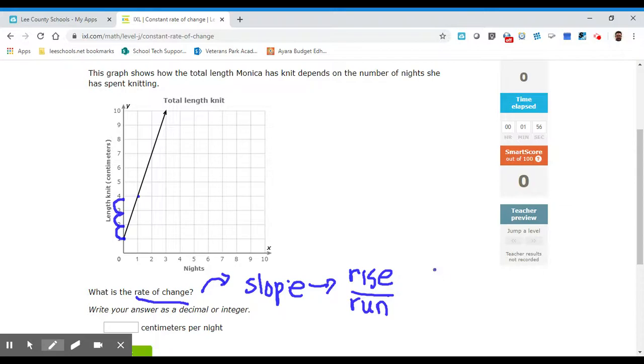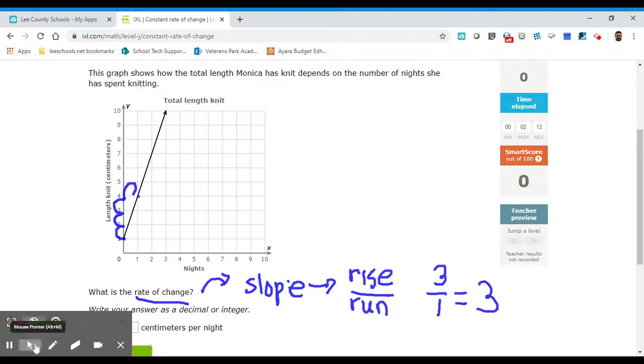So it has a rise of 3 and has a run of 1 unit. So the slope or the constant rate of change is 3 over 1, which is just 3. So let's do a few of these and we'll jump up a level each time.